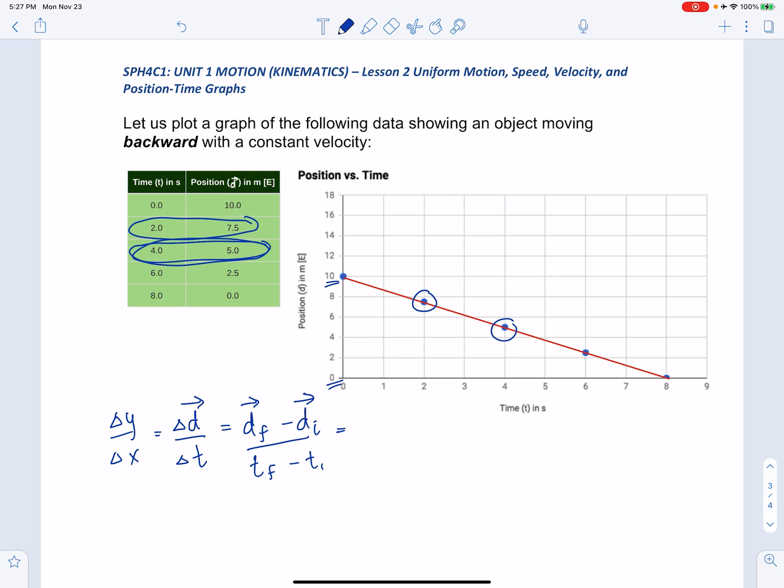Okay, so this is our initial, and this is our final. So our final position is 5.0 meters east minus our initial. Our initial is 7.5 meters east. Divided by our final time was 4 seconds minus 2.0 seconds.